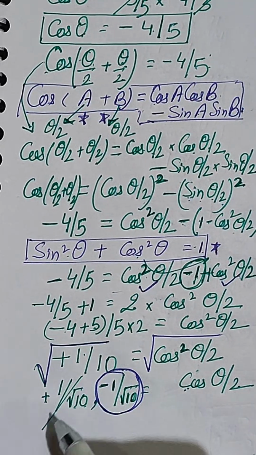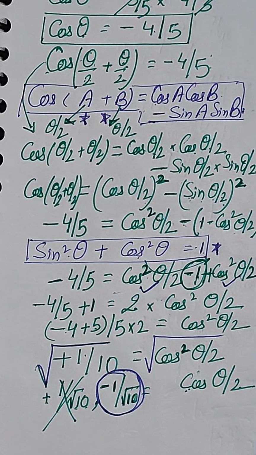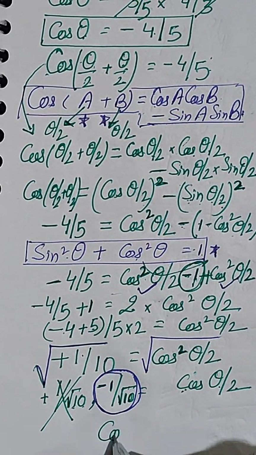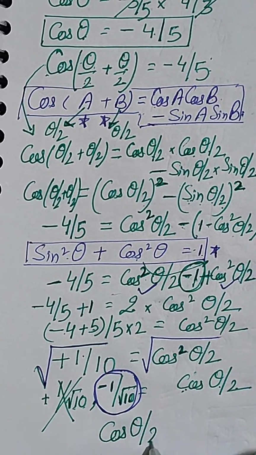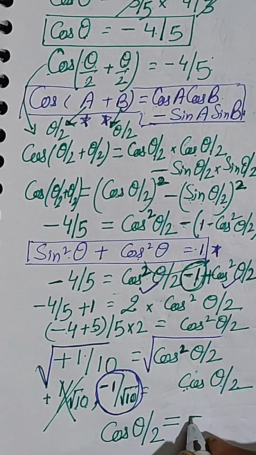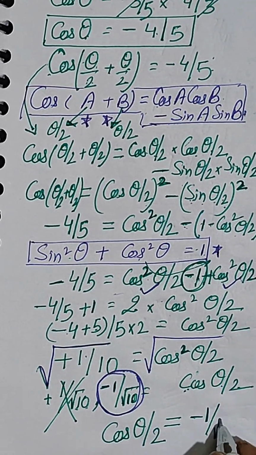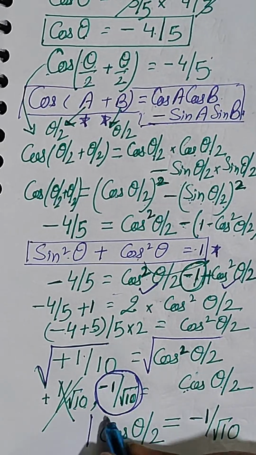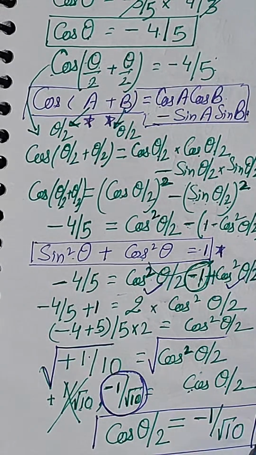And the plus 1 by root 10 will be rejected. So from here we can say that the value of cos theta by 2 which we were evaluating is now solved, and it's minus 1 by root 10, and this is our answer, students.